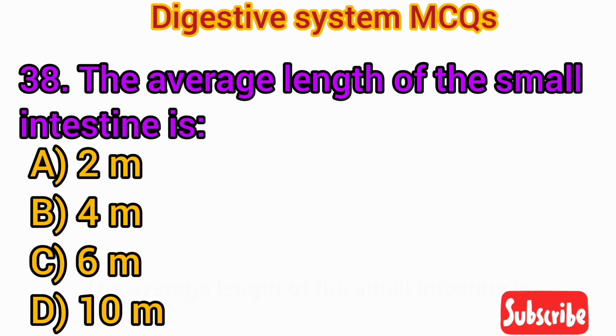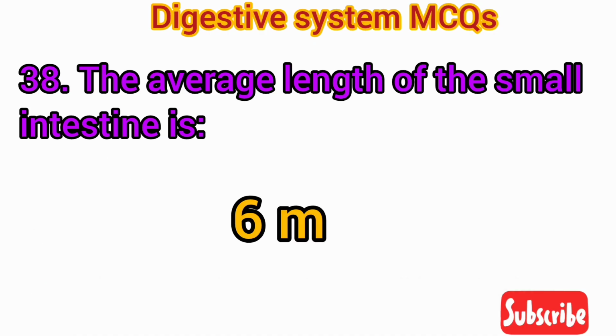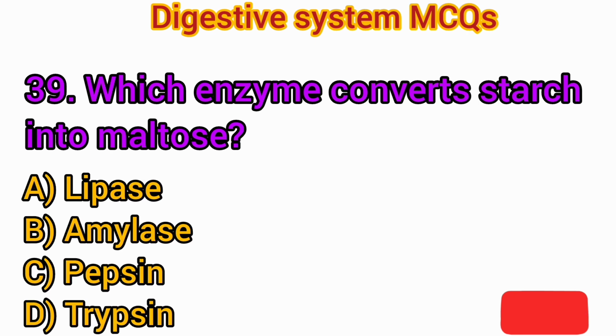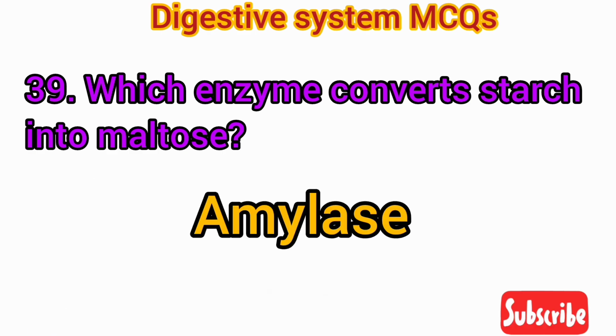The average length of the small intestine is... six meters. Which enzyme converts starch into maltose? Amylase.